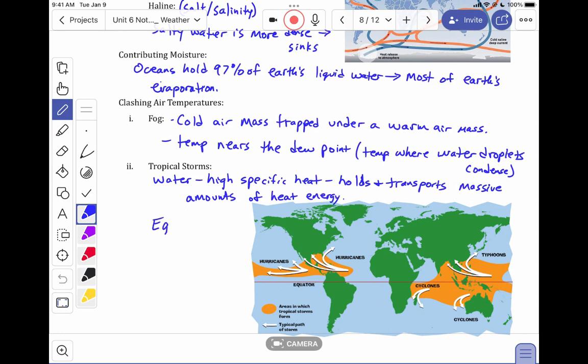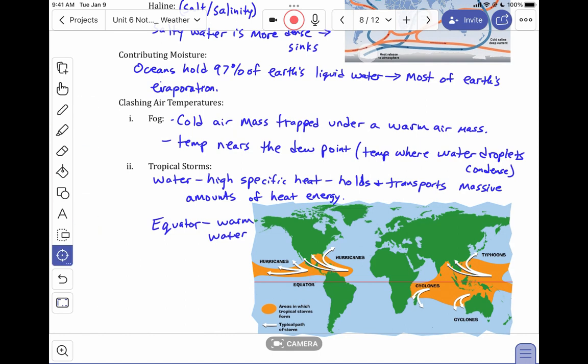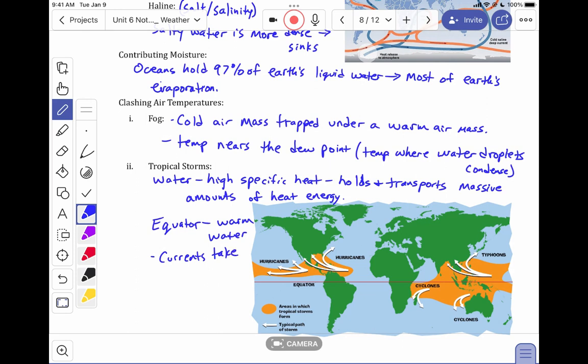Okay, and by the equator, we have warm water, and now from that, you'll notice a lot of these hurricanes and cyclones start down by the equator. So when you take that warm water up towards polar regions, towards cooler places, currents take the warm water to polar regions.